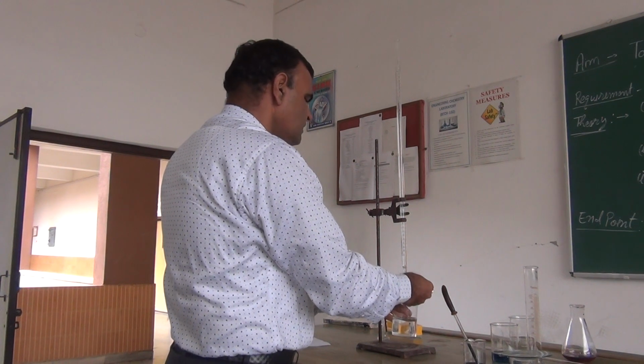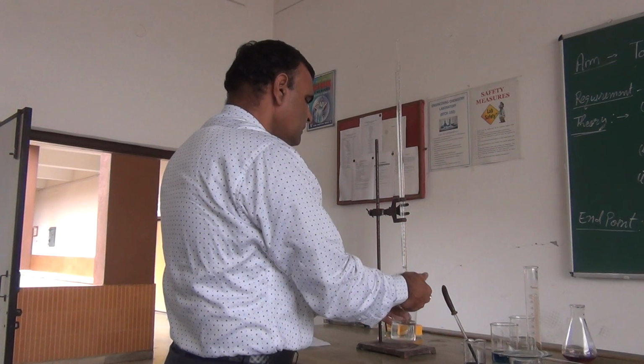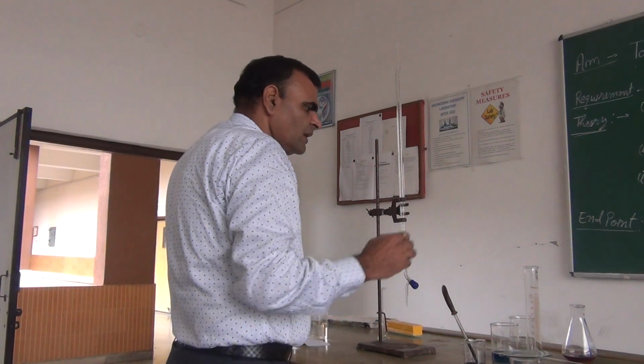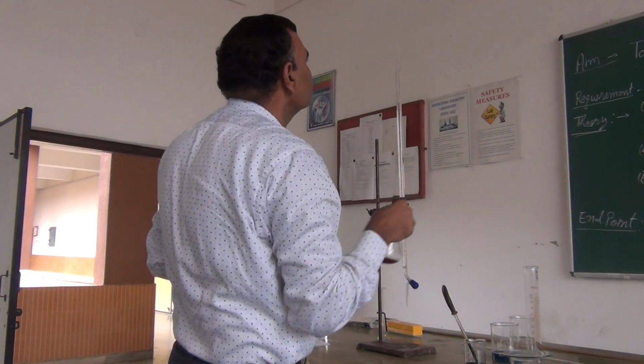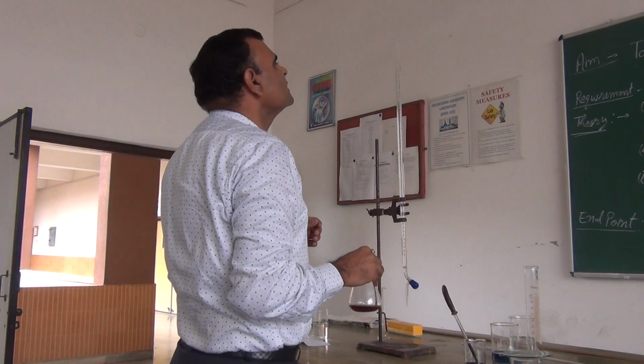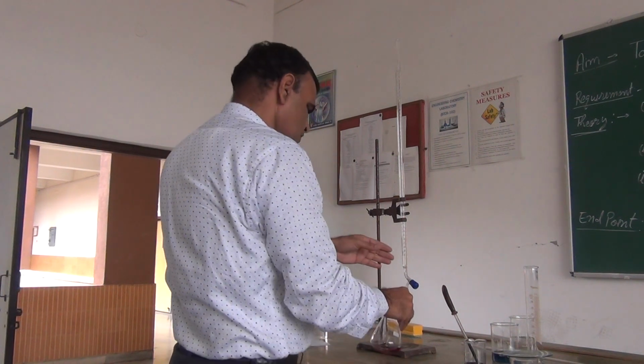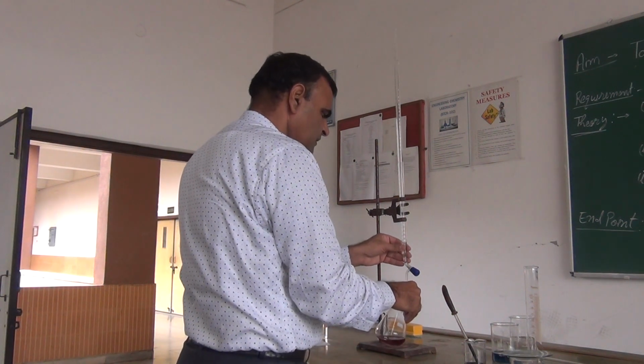Now note the initial reading of the burette and then titrate it. Let here the initial reading be 2.0. Start the titration.